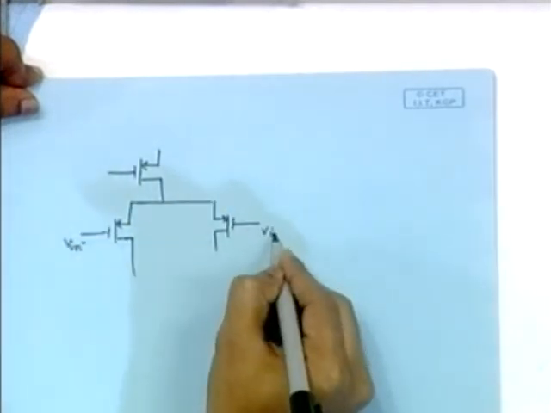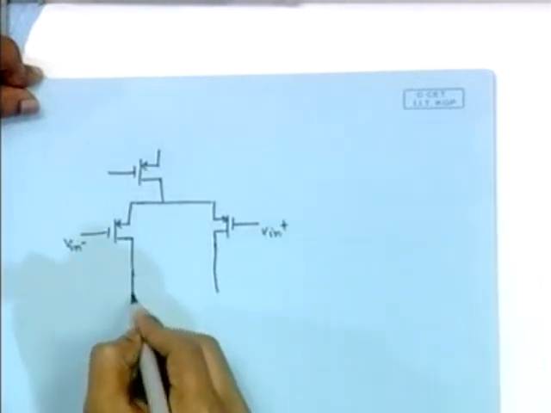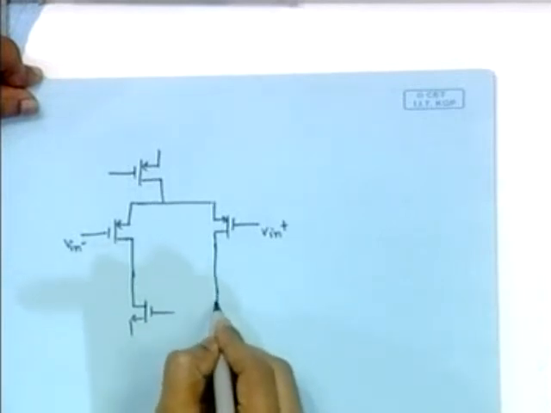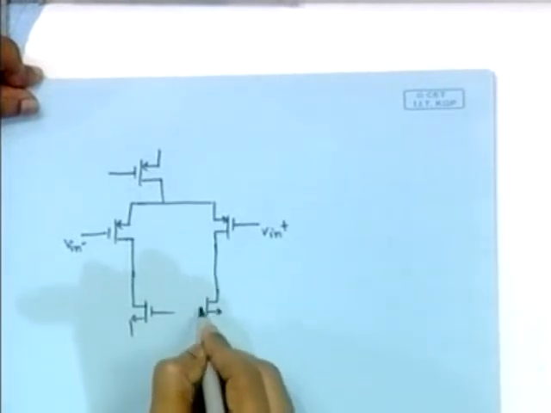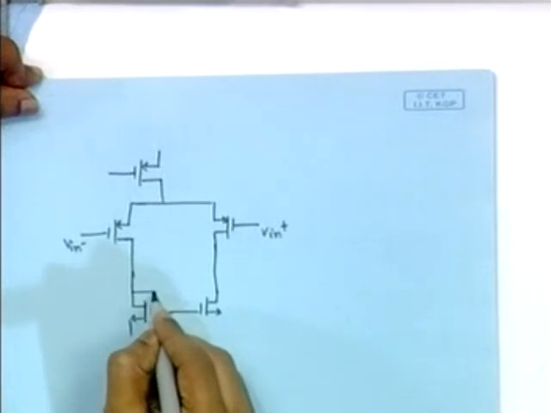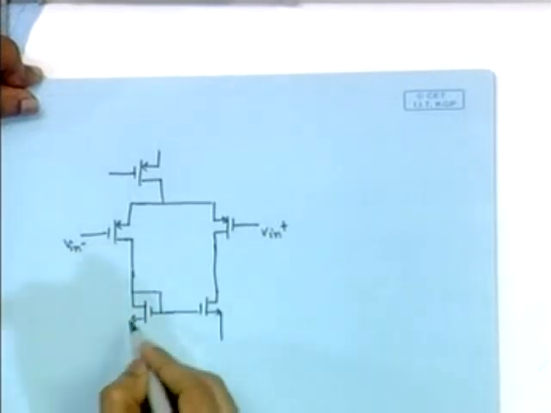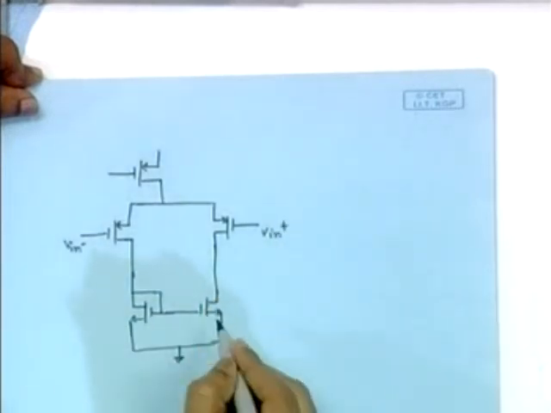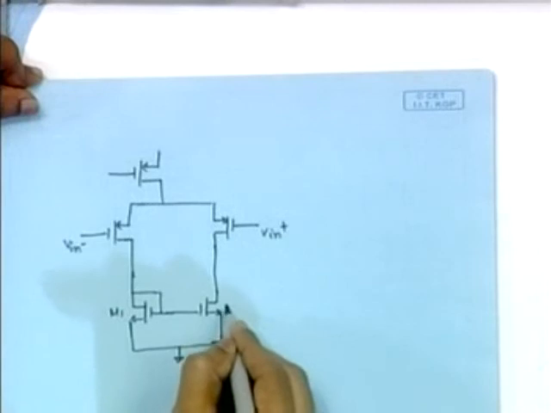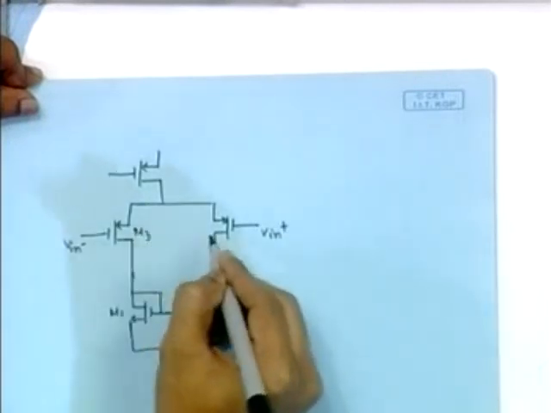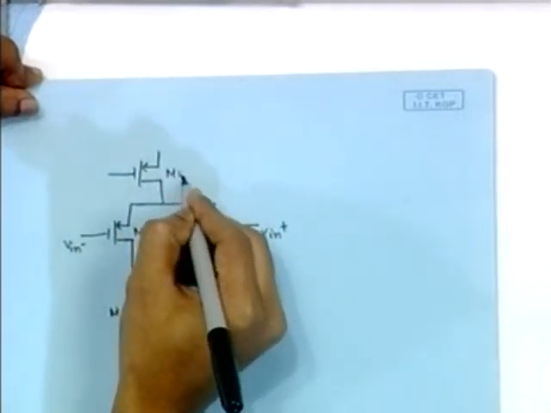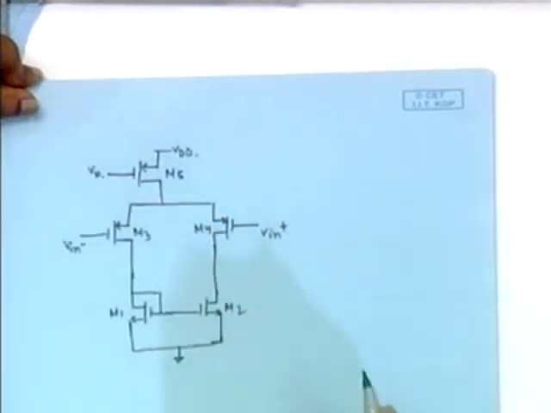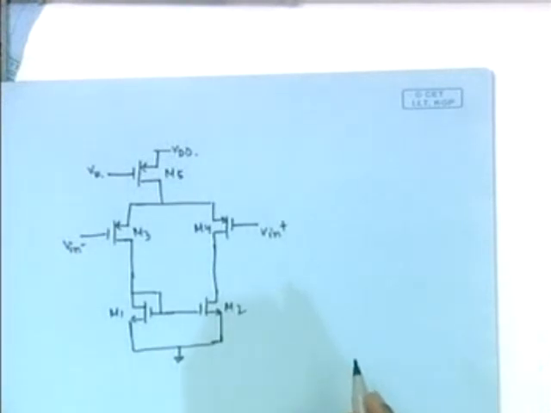V in minus, V in plus. So this is the basic structure.